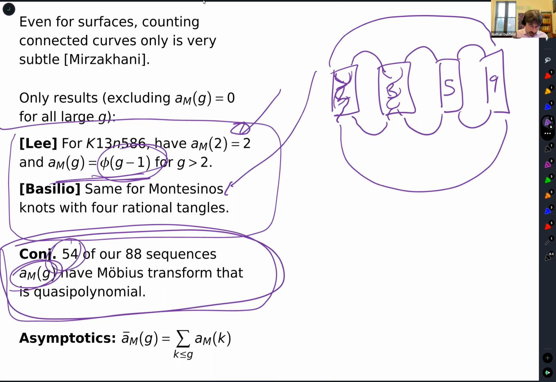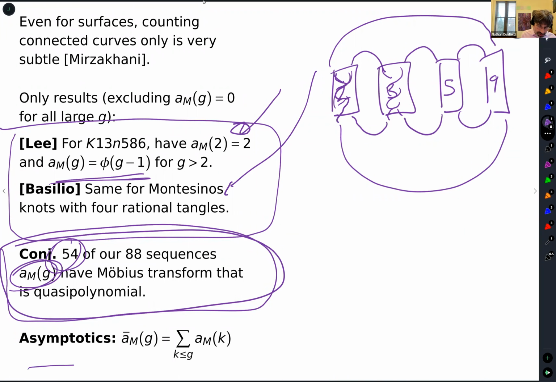But if we don't know what the pattern is, we could at least ask what the asymptotics of these counts are. As you see from this kind of example, it's going to oscillate depending on the divisibility of G or G minus 1.